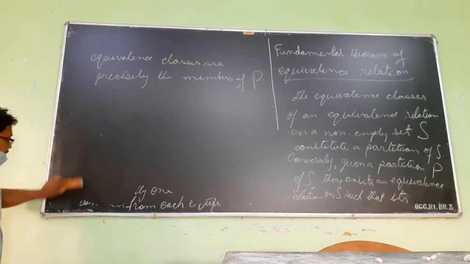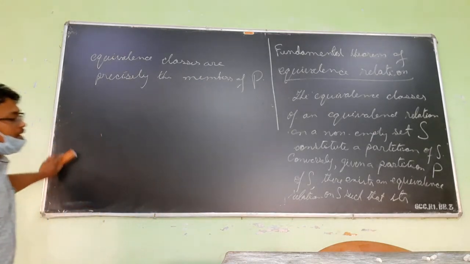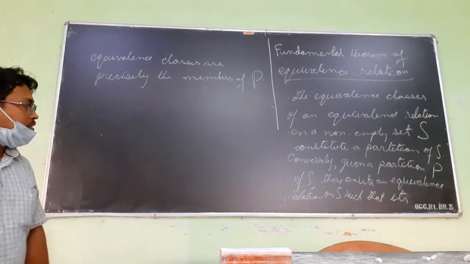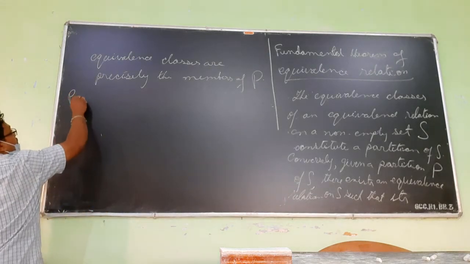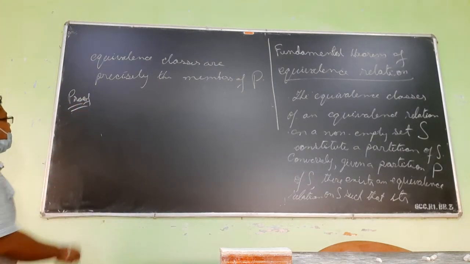Given an equivalence relation, the equivalence classes will form a partition. And given a partition, there is an equivalence relation such that its equivalence classes are precisely the members of P. So the proof. The first part was almost okay, but we have to include that transversal.